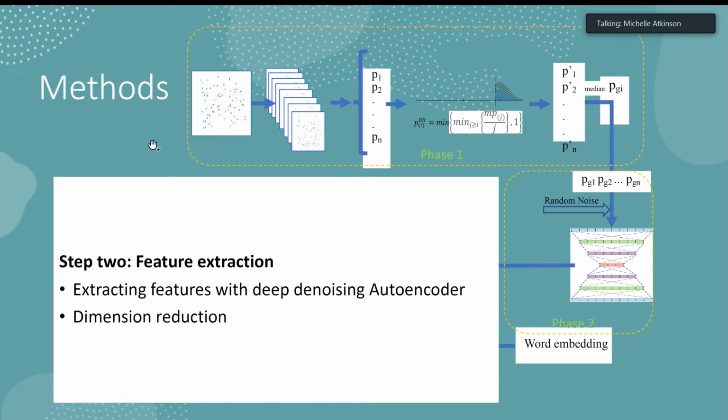Once we have that, we use an autoencoder to extract features from this representation. This also allows us to identify the latent representation and features, and the autoencoder will also do dimension reduction.